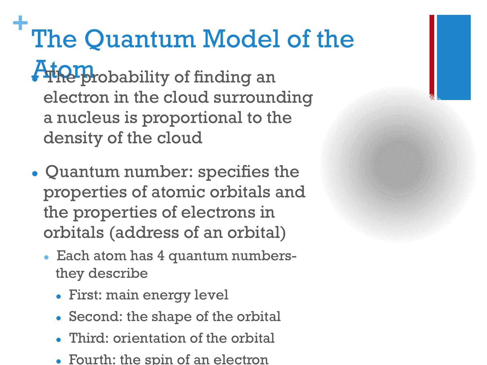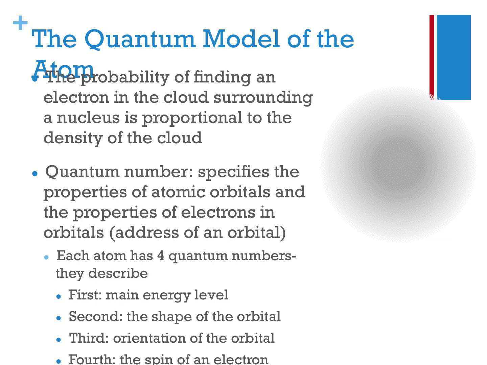The quantum number specifies all of the different parts of the address of the orbital. It tells us what energy level it's in, what shape of orbital it's in, what version of that orbital, and then it tells us if it's the first one to go in or the second one. So it tells us a lot of information.